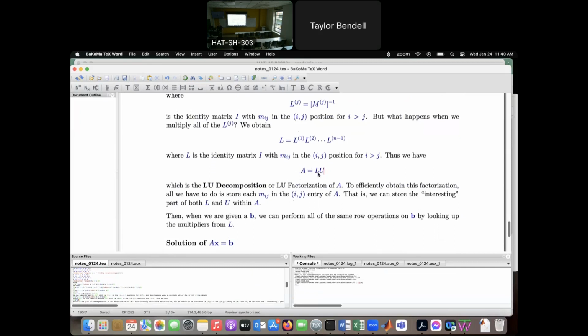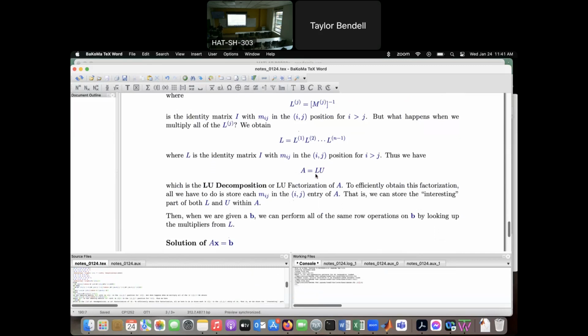So what happens is, even though I've written A as a product of two matrices, you can actually store them in one. Why? Because U is upper triangular, and L is unit lower triangular. We know the diagonal entries are all one. We don't need to store them. The interesting part of L is below the diagonal, the multipliers.